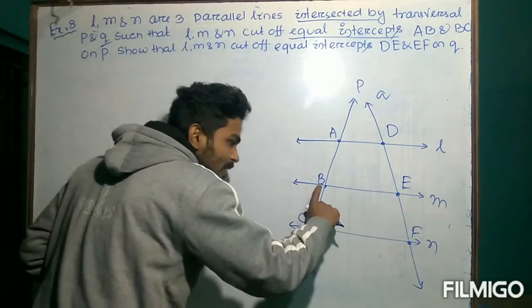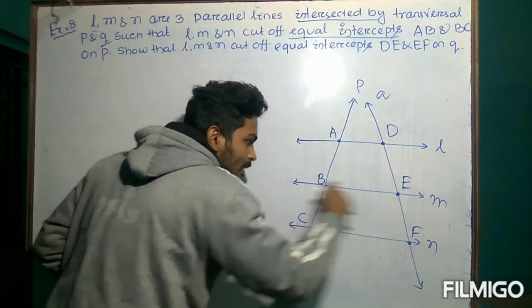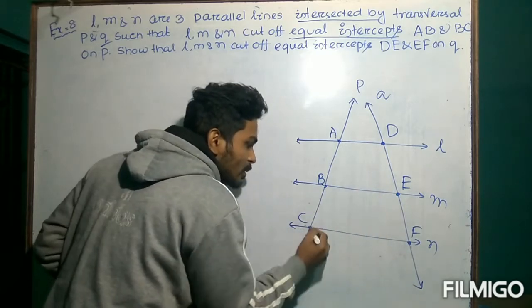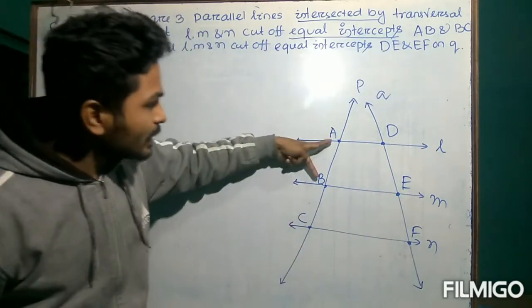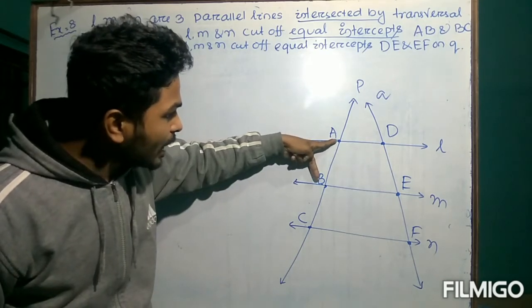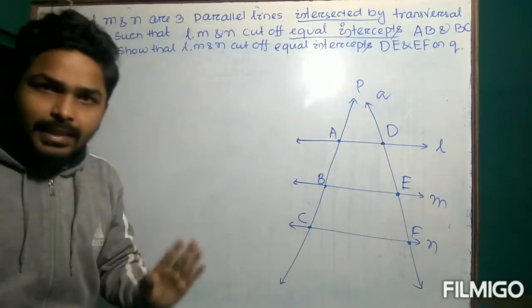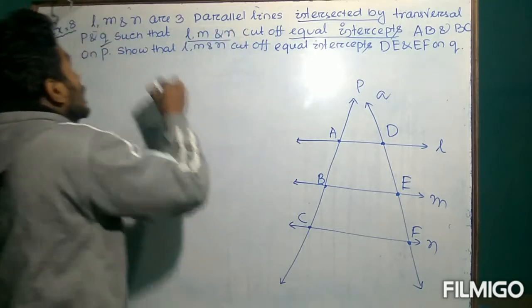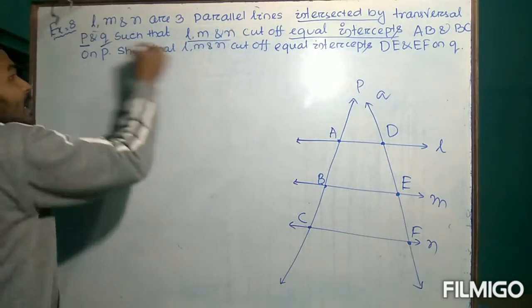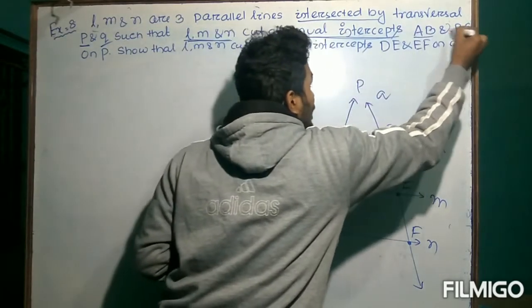Similarly, the distance between two points where the line cuts two parallel lines is also called an intercept. So here we get two intercepts: the distance from A to B, and the distance from B to C. It is given that the transversal line P intersects L, M and N and cuts off equal intercepts AB and BC.